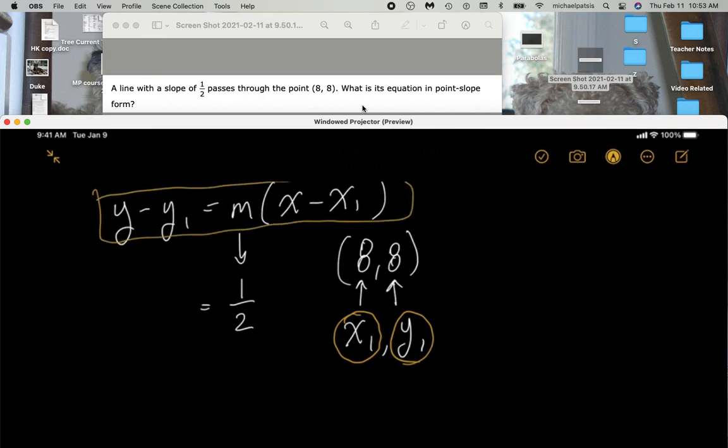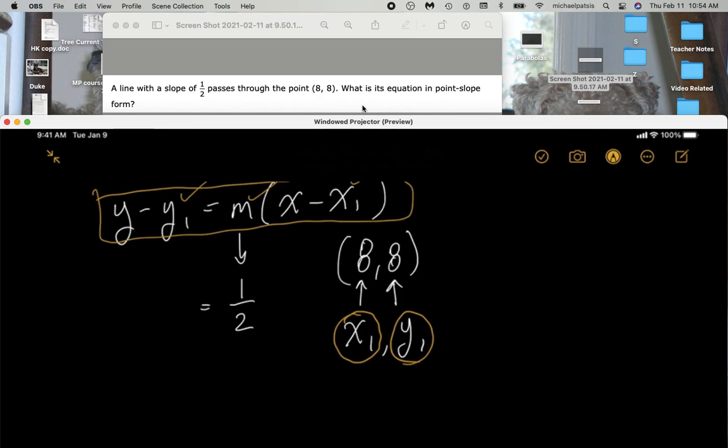Again, the x and the y stay the same. What changes is the y1, the m, and the x1. And they've given that to you. I'm sorry, I didn't do that right. Let's start again. I apologize.